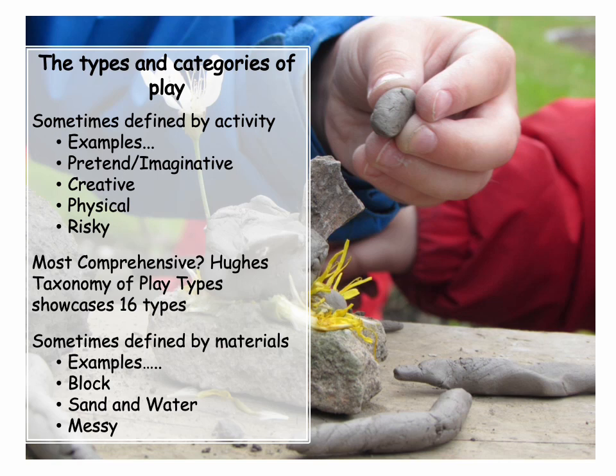Our most comprehensive is Hughes' taxonomy of play types. So that's those 16 types that we focused on. And sometimes, again, they're determined by materials. So the examples that you're providing, blocks and sand and water and messy play as well.